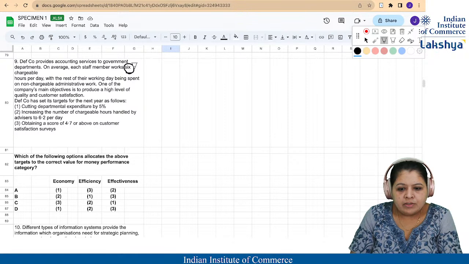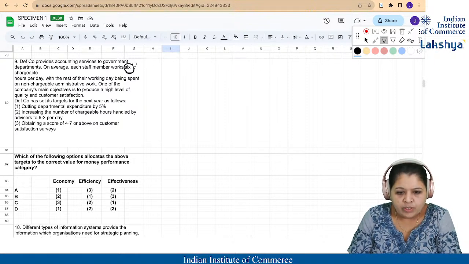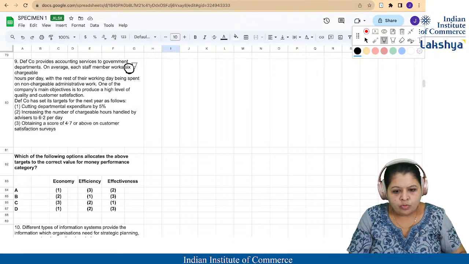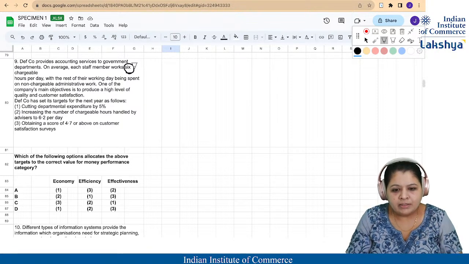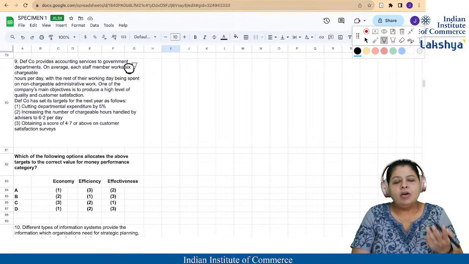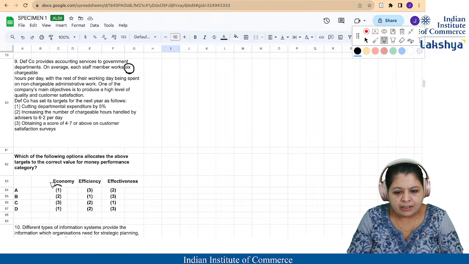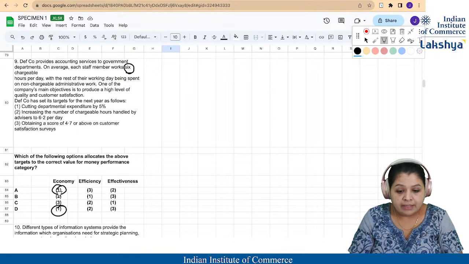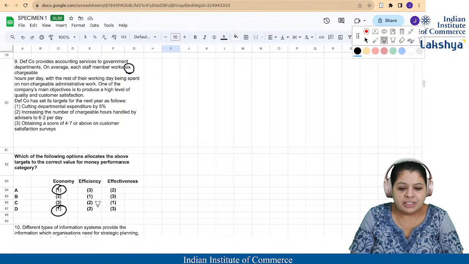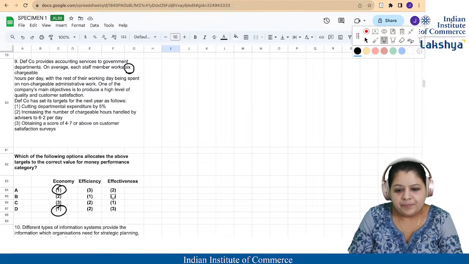Let's see which one is which. Cutting departmental expenditure is clearly an economical move, right? So I know that this is economy, out of the three E's of value for money, so it is definitely either A or D. Now let's see if efficiency is 2 and effectiveness is 3, or the other way around.